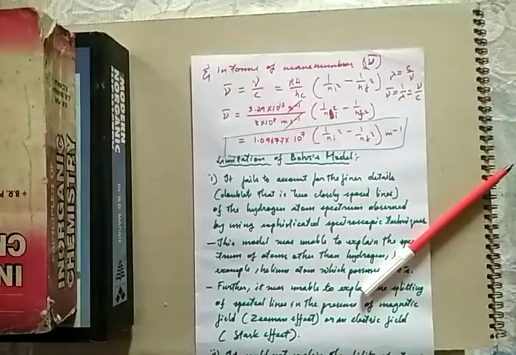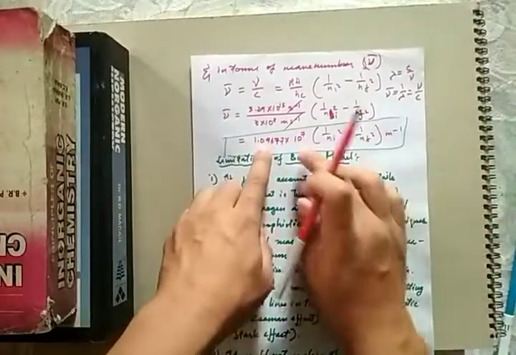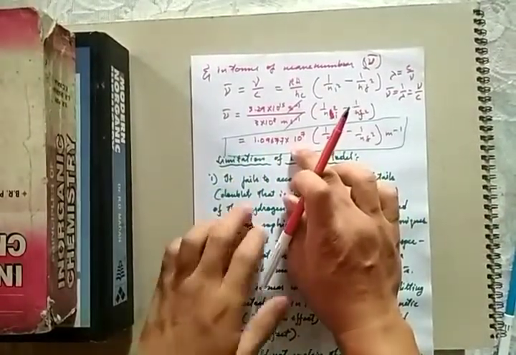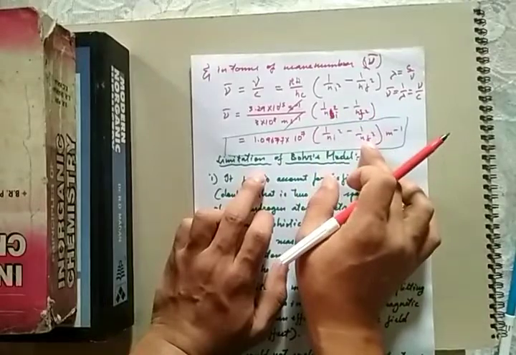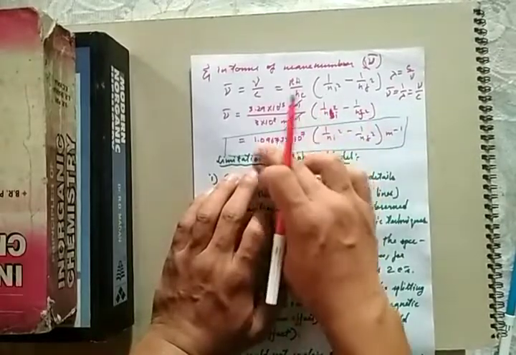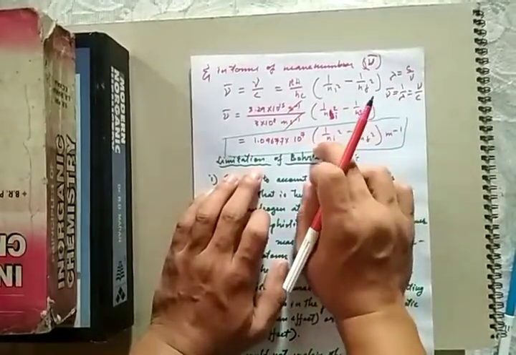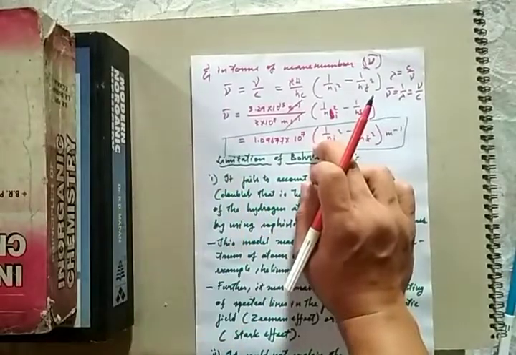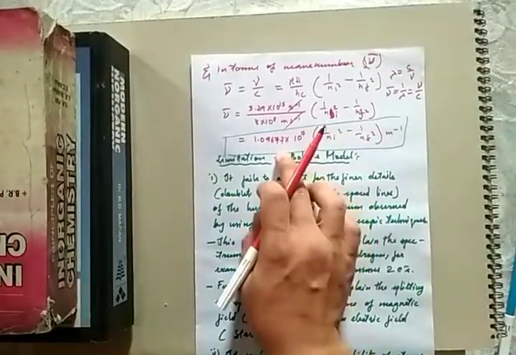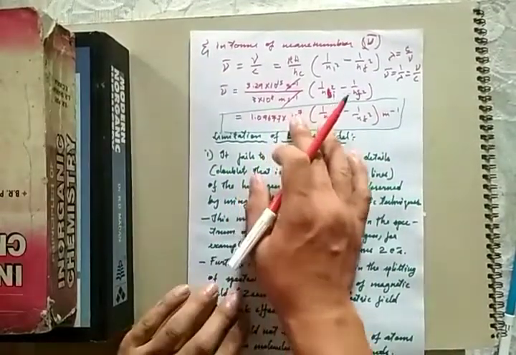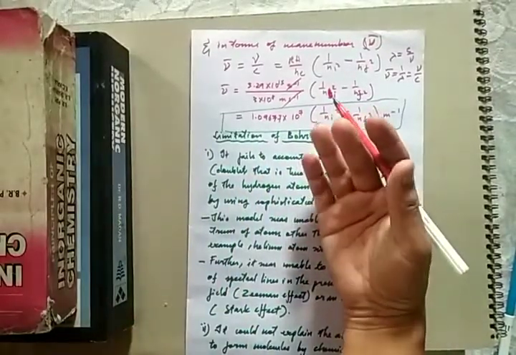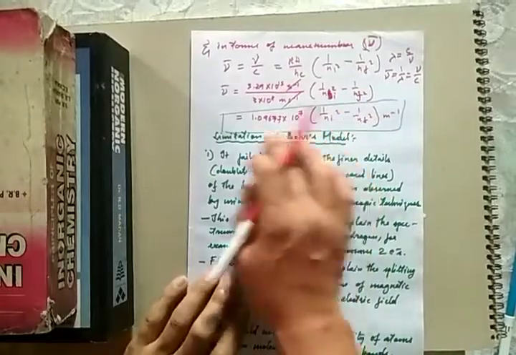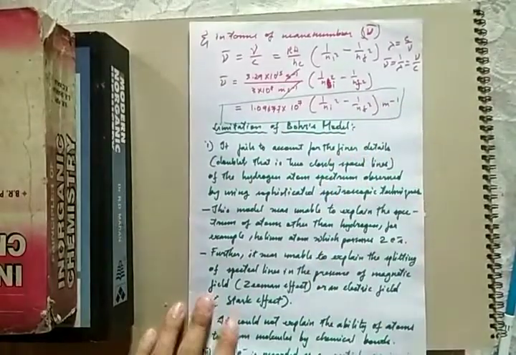And this value is similar to the Rydberg constant in the line spectrum of hydrogen atom. We have discussed that one. So he was able to give the quantitative value of the spectral lines of hydrogen.